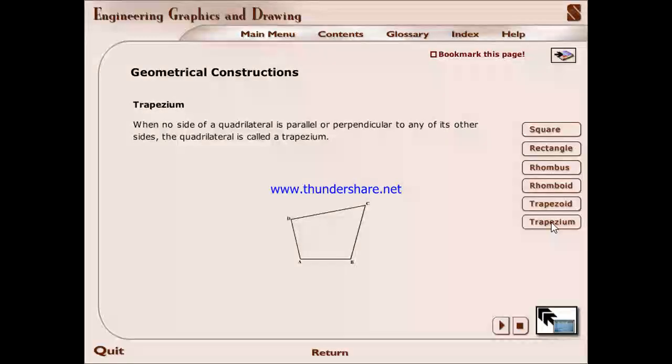Now trapezium. When no side of a quadrilateral is parallel or perpendicular to any of its other sides, then that quadrilateral is called a trapezium.